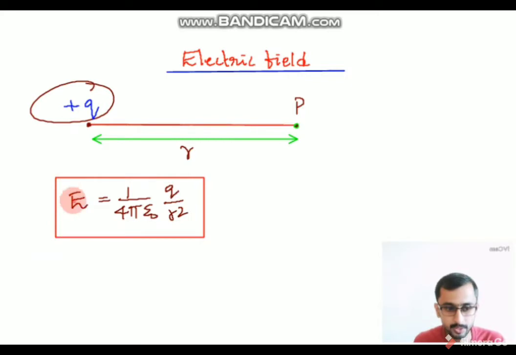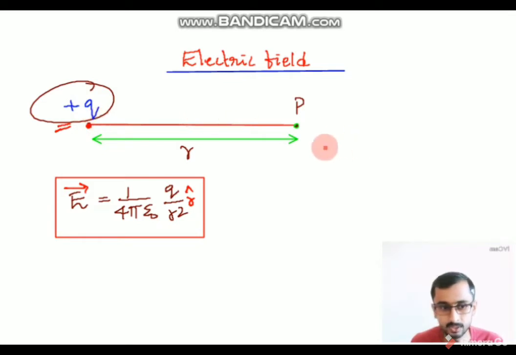Now if you want to write this in vector form, you need to consider vector E, and here one r cap. Because electric field is always outward from a positive charge. As I said, that charge is plus q, therefore electric field is outward from that.